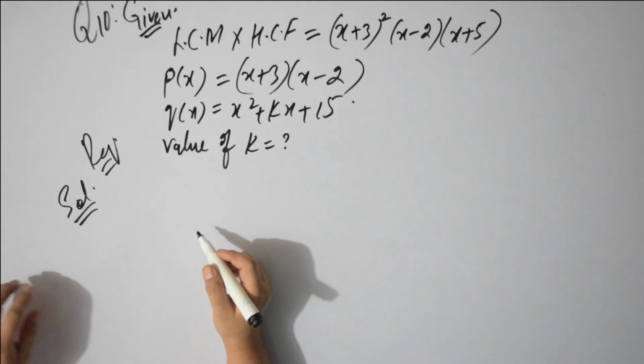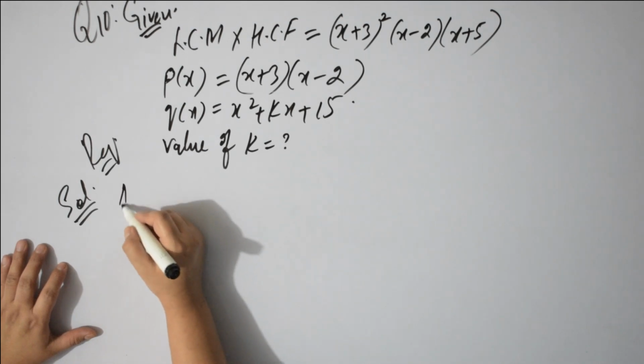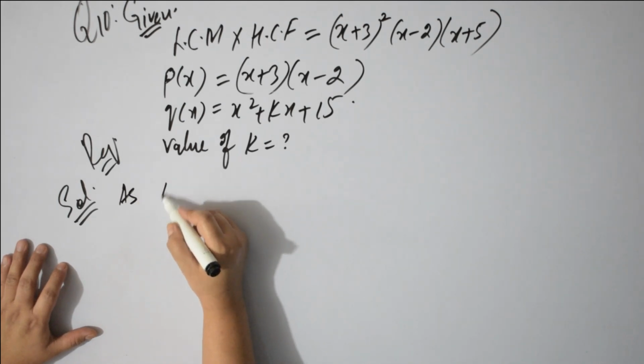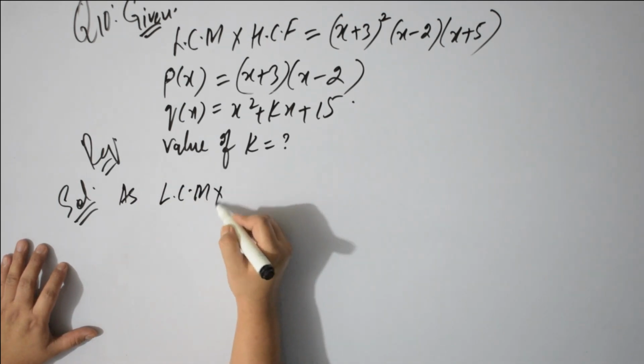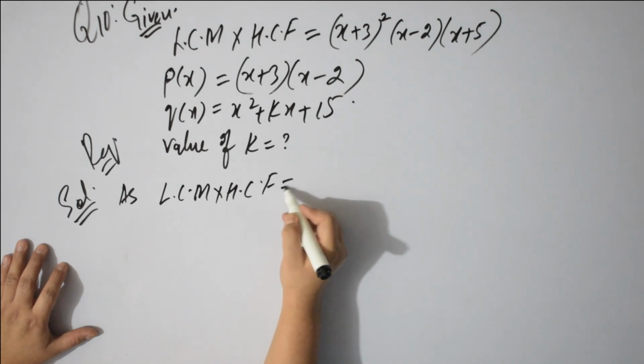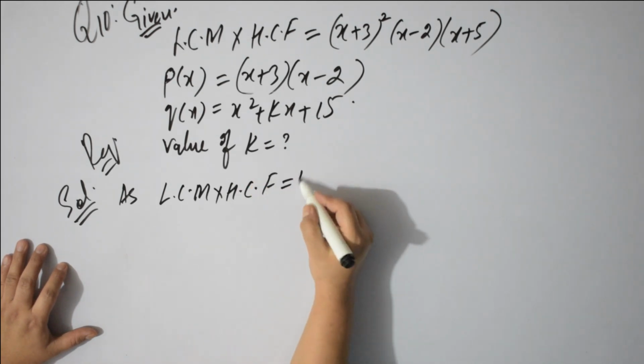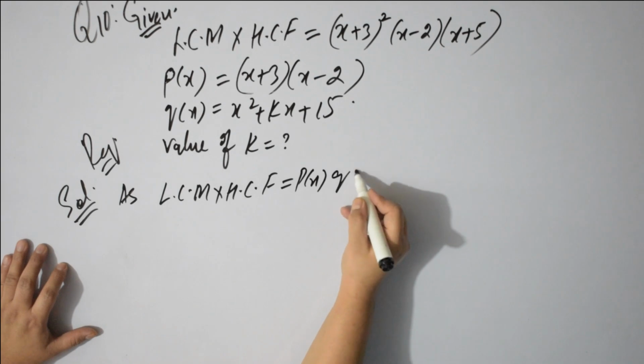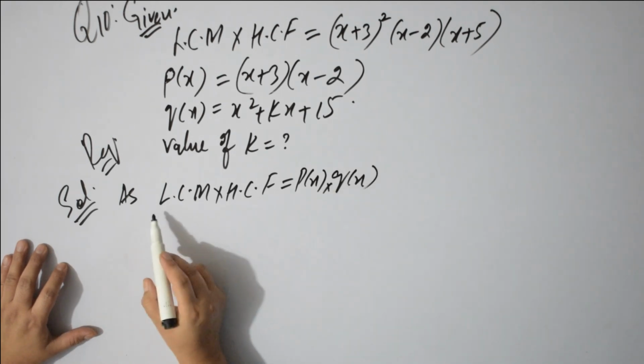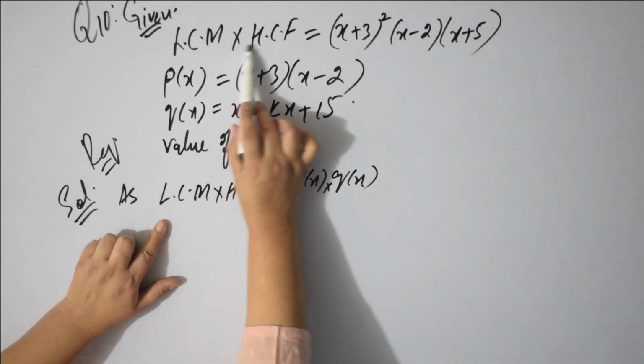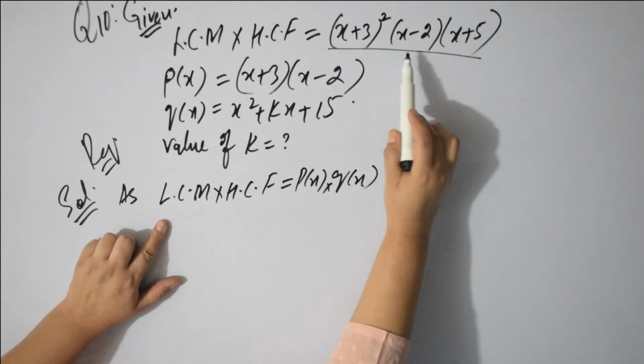What will we do in the solution? Obviously I will start from the fact that the product of LCM and HCF is equal to the product of p of x and q of x. What is the value of HCF and LCM? This is the value.